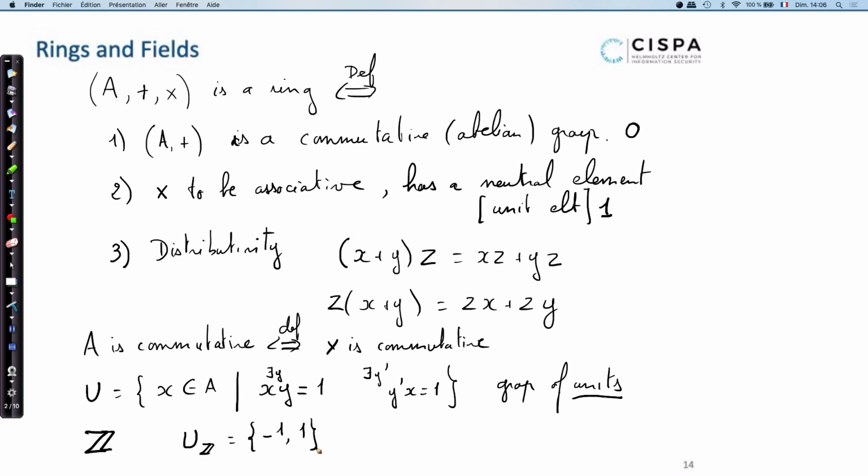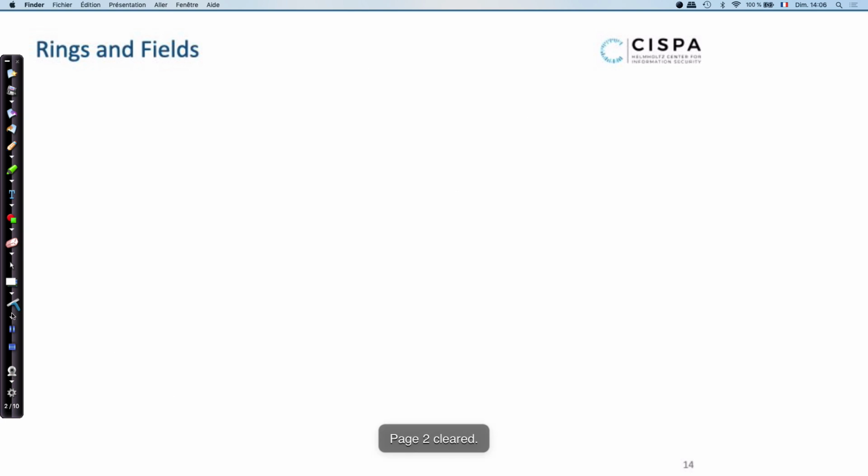And now we are going to move to fields. So let's take some more room. And so what is going to happen is that when you look at this set of units U, there is a very special case. Is when U is basically everything.